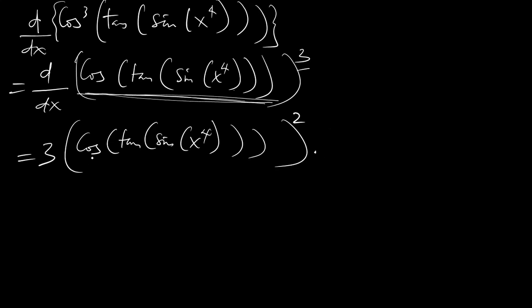Then you differentiate this with respect to the whole of this one inside here. The whole of this one inside here will remain the same. It's only this one you will differentiate. So now you have sine of this tan sine x to the power 4.